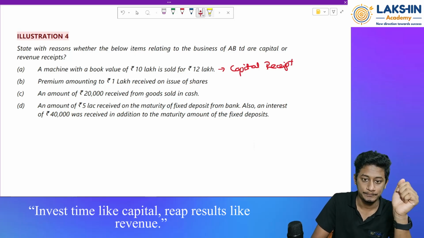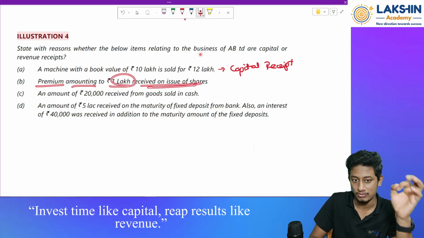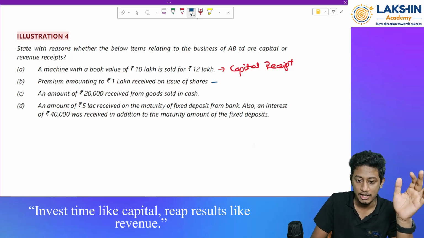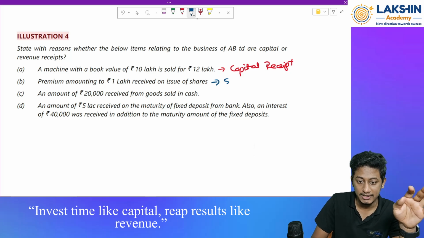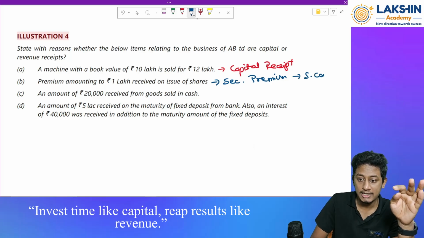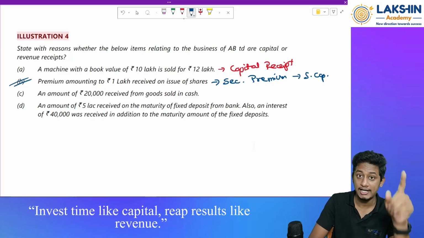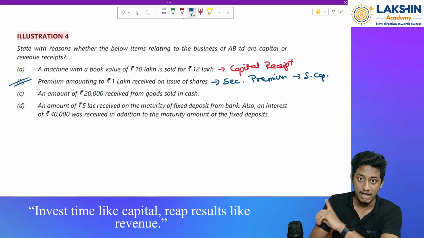Then a premium amounting to rupees 1 lakh is received on the issue of shares. If you don't know this, I will tell you: whatever premium you receive will be taken as securities premium, and it will be taken to the share capital. Don't worry about this particular part, because this will be dealt with in the company's accounts, so there you will have clarity.